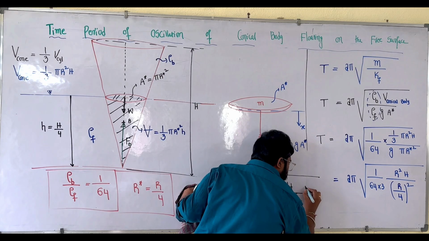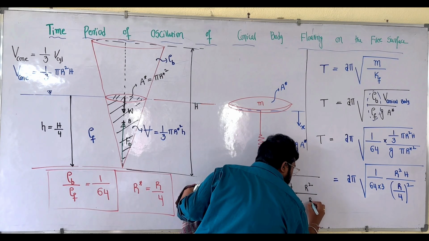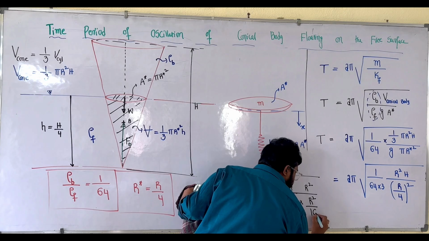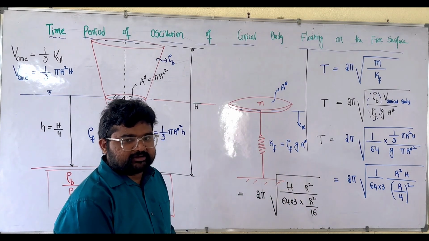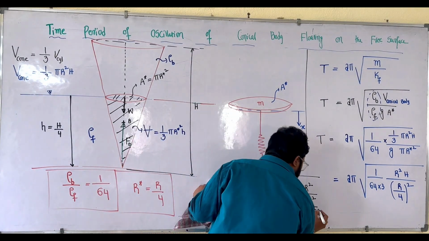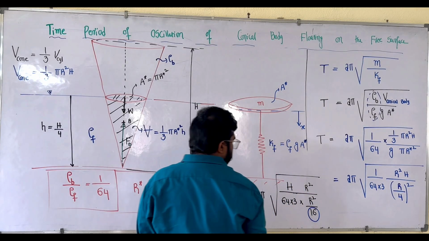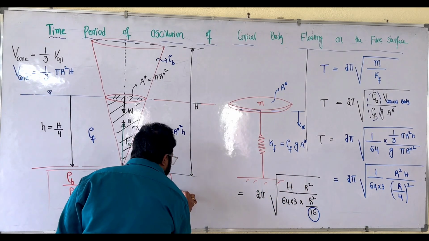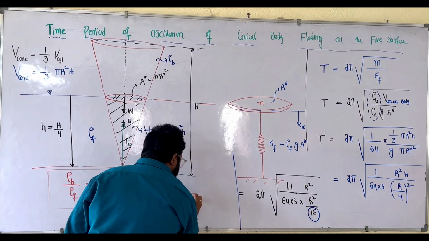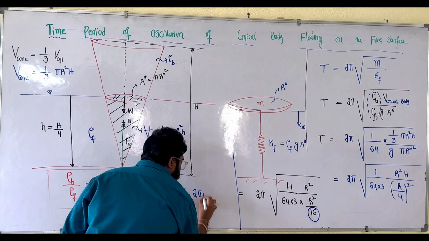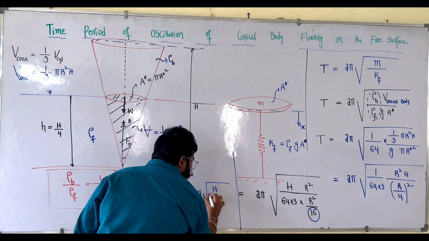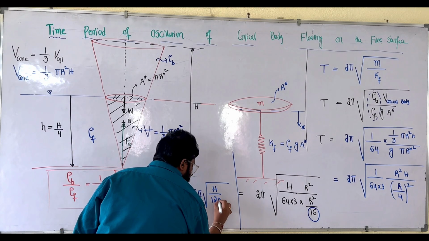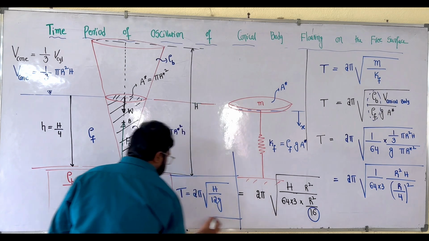Here in the denominator, what will you get? R square by 16. 16 4s are 64, and here 4 3s are 12. Finally, what is the time period of oscillation? 2 pi square root of H by 12g.